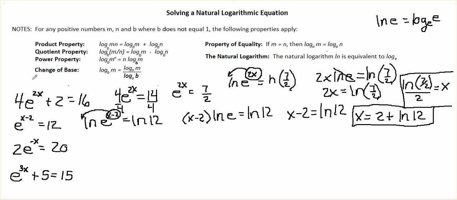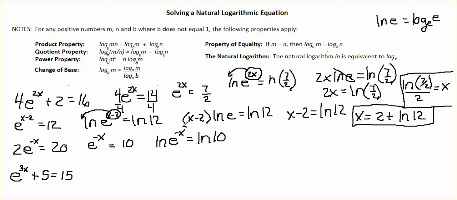Okay, let's go ahead and solve this one. Our exponential part is not isolated. We have a 2 in front, so we're going to divide both sides by 2, and we get e to the negative x equals 20 divided by 2 is 10. So we're going to go ahead and take the natural log of both sides because we have this natural number here, and that equals the natural log of 10.